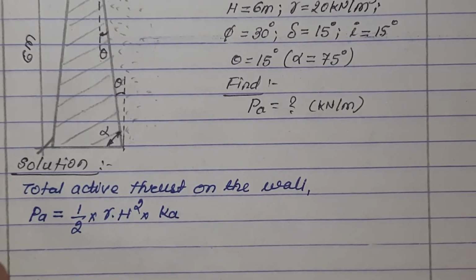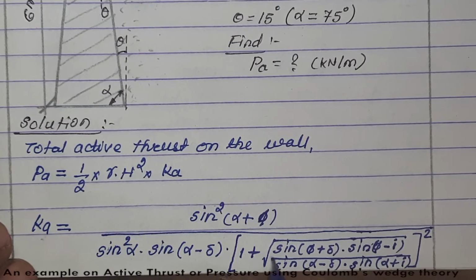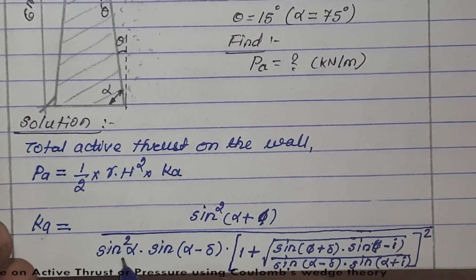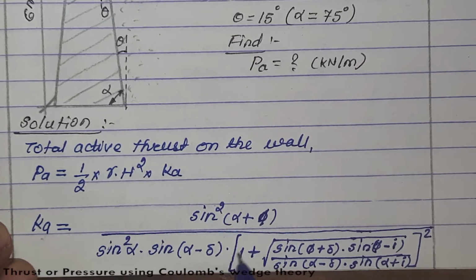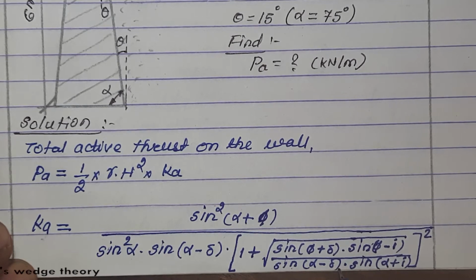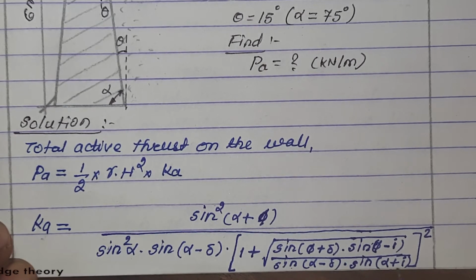Its expression is Ka equals sine square of alpha plus phi divided by sine square alpha multiplied by sine of alpha minus delta, multiplied by the quantity in square bracket 1 plus under root of sine of phi plus delta multiplied by sine of phi minus I, divided by sine of alpha minus delta multiplied by sine of alpha plus I. Square bracket complete and square of this quantity.